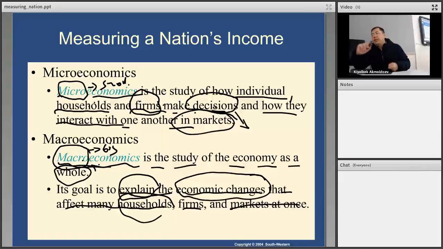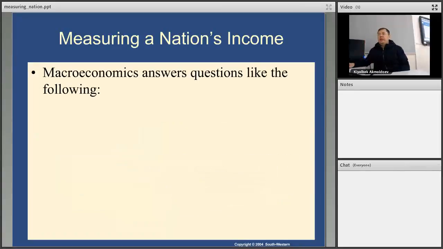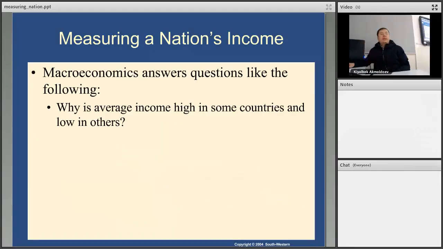Many households, firms, and markets at once. So this is the difference. Macroeconomics studies the big picture; microeconomics focuses on the small picture. Macroeconomics answers questions like the following. Why is average income high in some countries and why is it low in other countries?